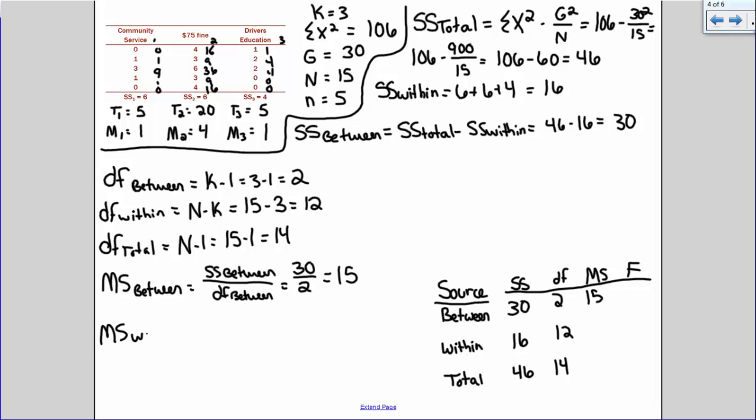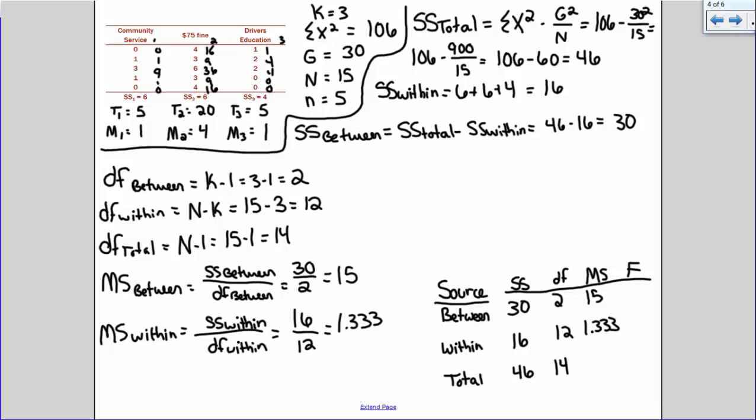Mean squared within: the sum of squares within, divided by the degrees of freedom within. We have 16 divided by 12. And we end up with 1.333. Just plug that right in there.